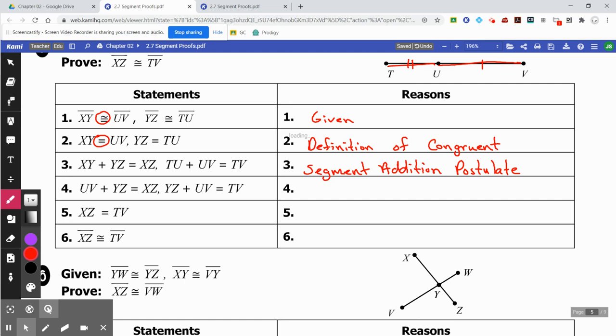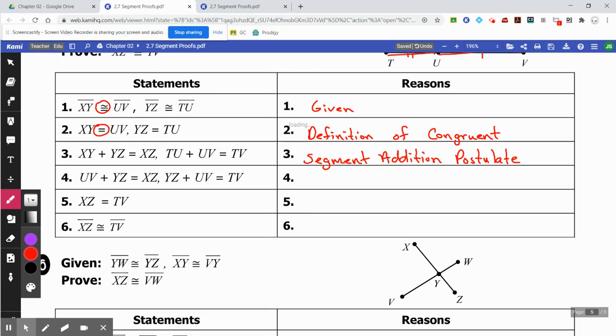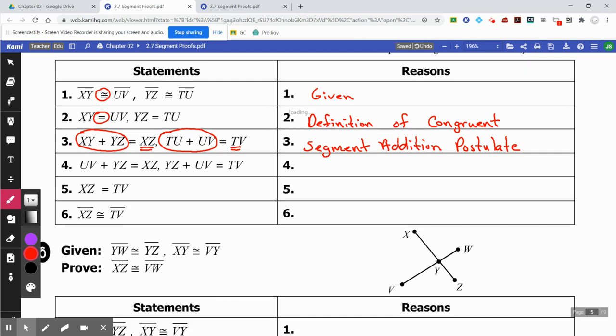And then in this next step, it starts looking very similar to one of our previous proofs. We're trying to prove ultimately that XZ and TV are the same. Well, if we can somehow prove that this and this are the same, then obviously XZ and TV would have to be the same. So that's going to be our next step, to try to make these the same. And the way they did that here is they took out XY and replaced it with UV.